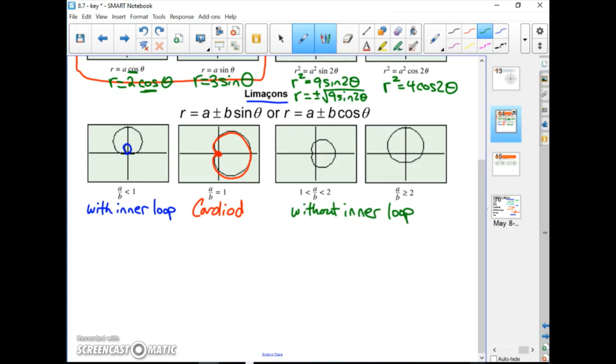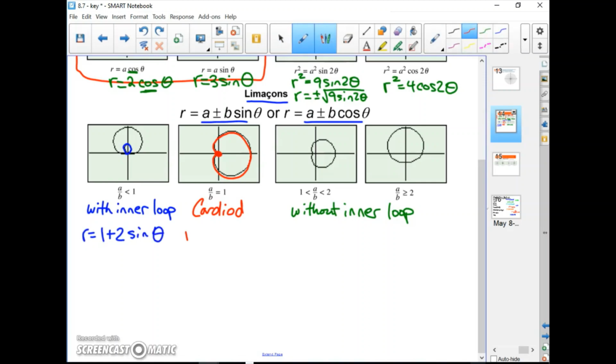They all kind of look the same, and their equations are going to look like this. You're going to have either this form or this form, but the numbers are what is really going to make the difference. So with inner loop, you're going to see something like r equals 1 plus 2 sine theta.